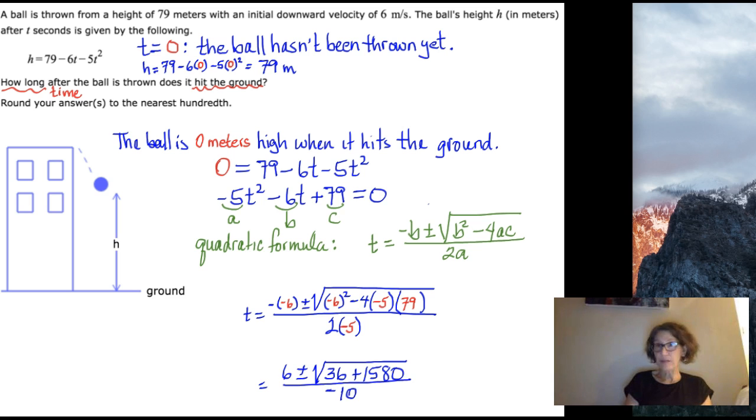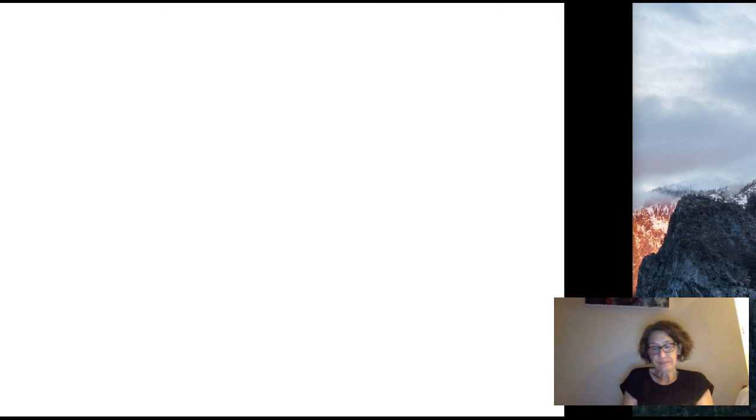Okay, it's not simplified all the way yet, but as I simplify, I also have to split it apart. Remember what that plus or minus means. It means that we actually have 2 answers. 6 plus that radical over negative 10, and 6 minus that radical over negative 10. So I'm going to split it into 2 solutions and simplify at the same time.